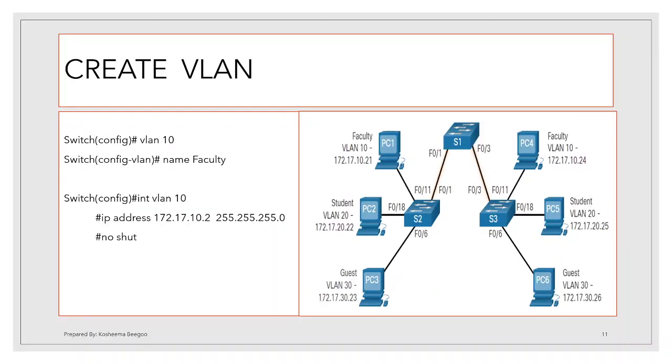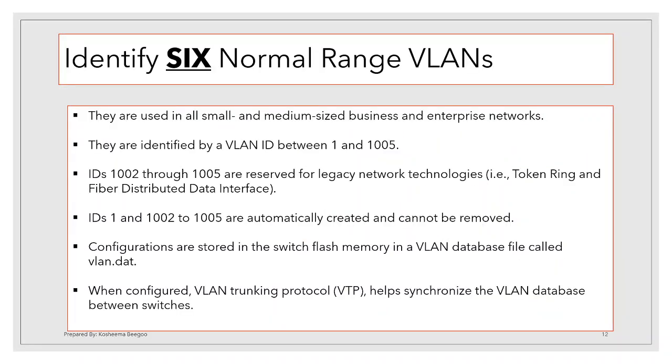Okay. Next slide. Now we have normal range VLANs. We have extended range VLANs. Now let's see the 6 important features of normal range VLANs. They are used in all small and medium-sized business and enterprise networks. They are identified by a VLAN ID between 1 and 1005.